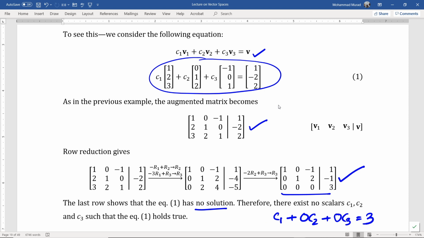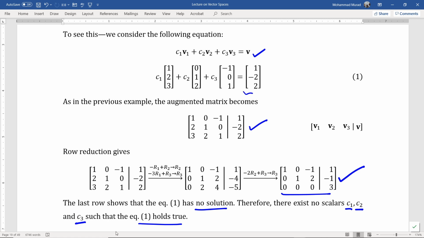Therefore, there exist no scalars C sub 1, C sub 2, and C sub 3 such that the equation holds true. Hence, the vector v is not a linear combination of the vectors v sub 1, v sub 2, and v sub 3.